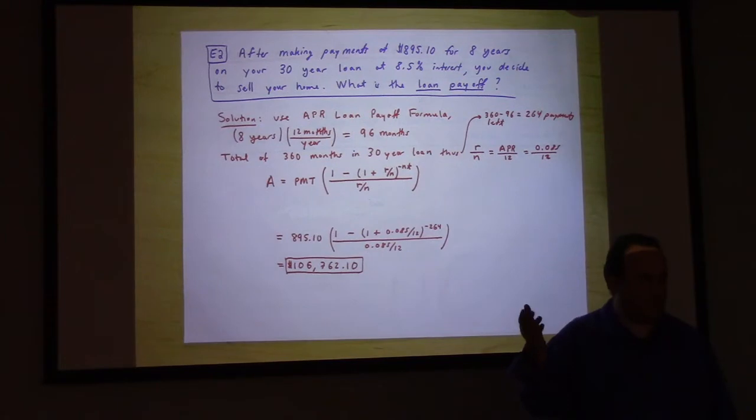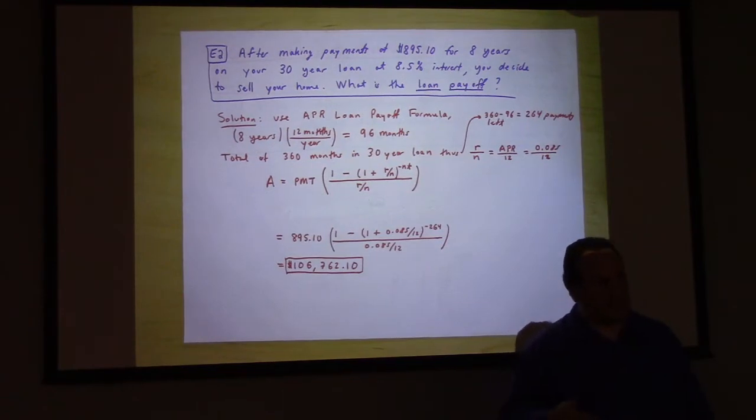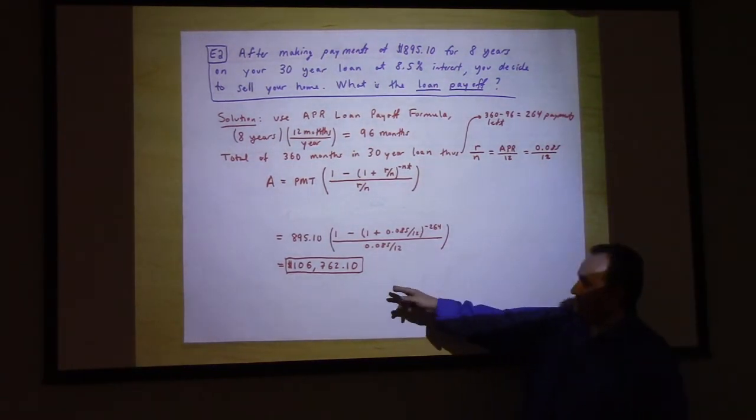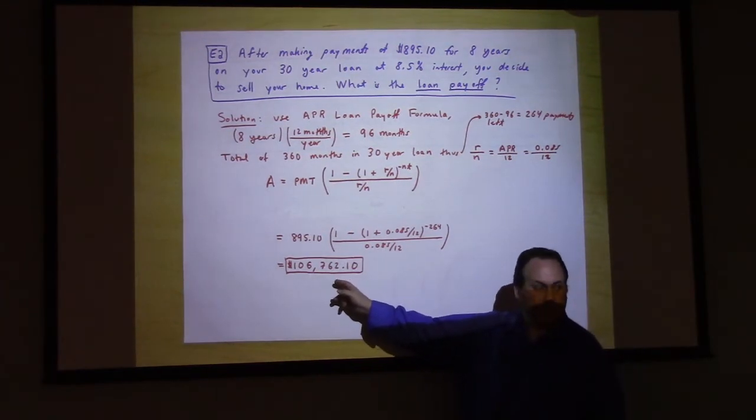That's not how it works, right? Once you sell your house, you close out that mortgage. So that means that you have to pay the rest of the principal at that time when you sell your house, right? So it's kind of like what I was talking about last class with paying ahead on the loan. You pay ahead everything in one month when you sell your house. And this is how much money you would need to pay off the rest of the principal in this situation.